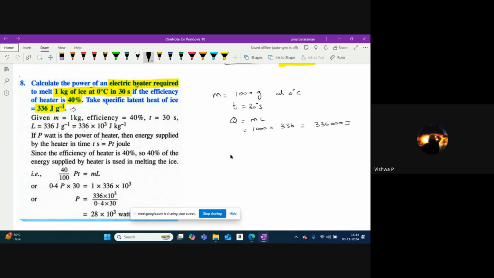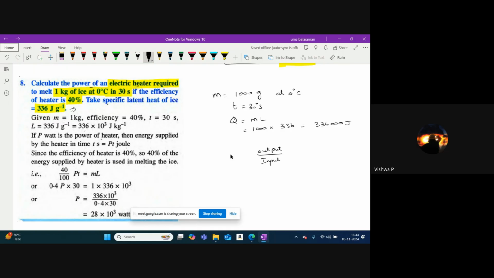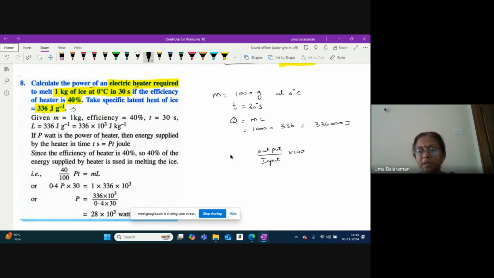Ma'am, what's P and T? They are saying efficiency, work output or power output. Output by input into 100 is efficiency, so it is 40% only.